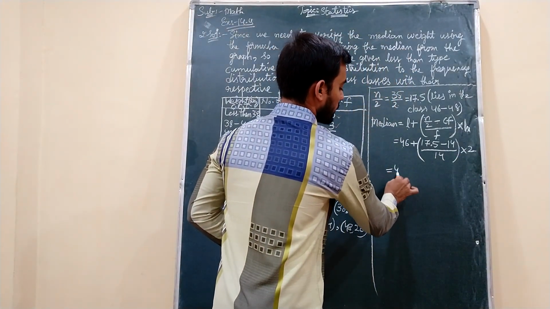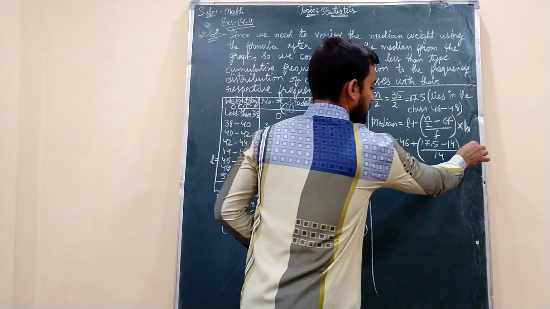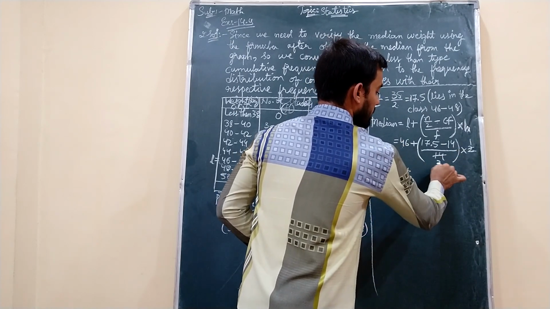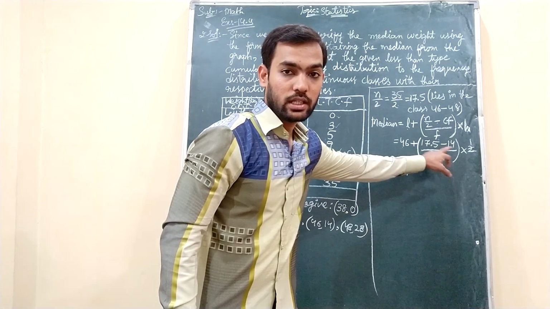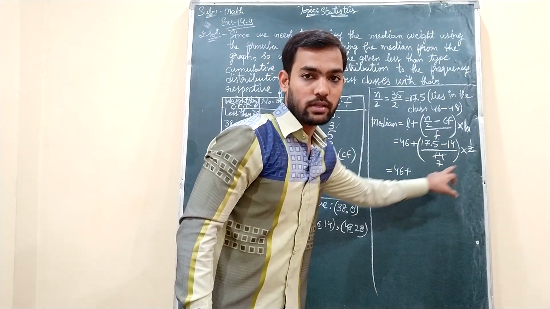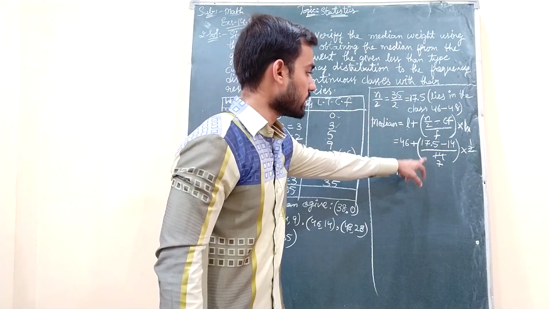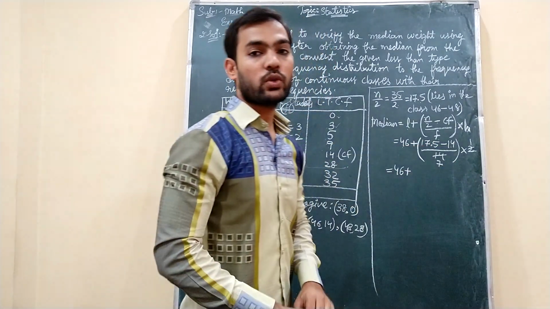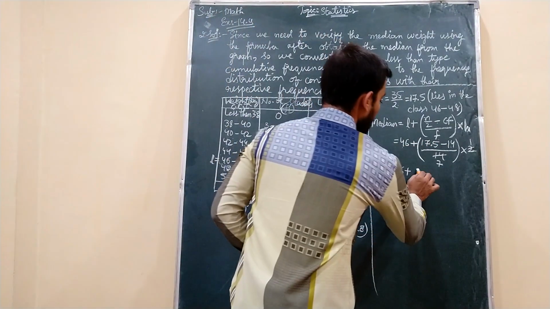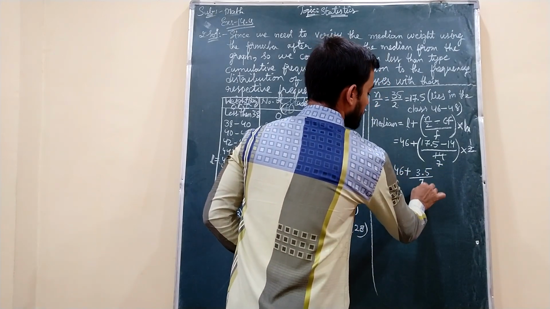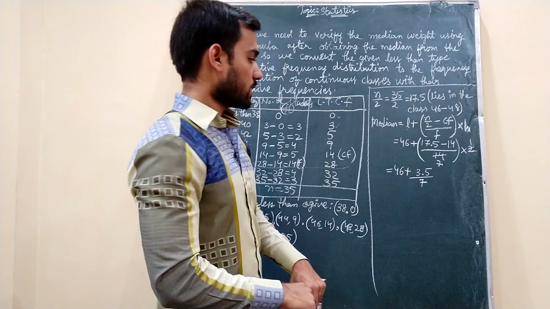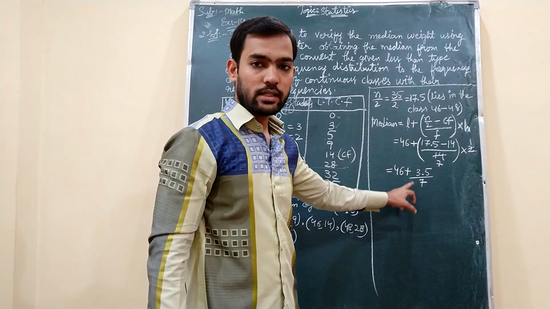This 46 we need to write as it is, plus here, 2 ones are, 2 sevens are, gets cancelled. 14 and 14 you cannot cancel because there is a minus over here. It is multiplication, so this 2 and 14 we have cancelled. 17.5 minus 14, if you subtract, you will get 3.5, divided by 7. 3.5 is a multiple of 7.